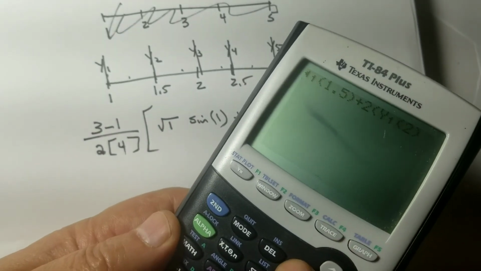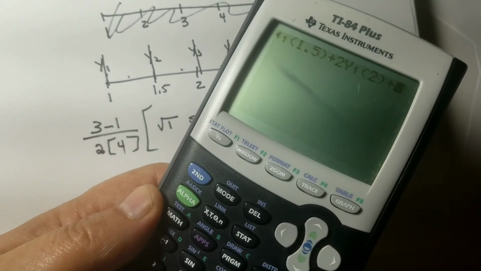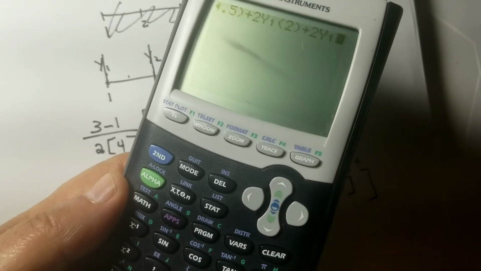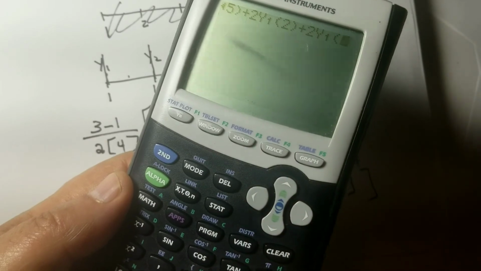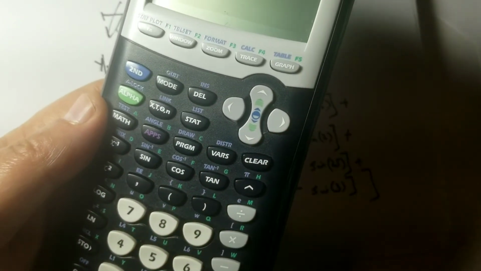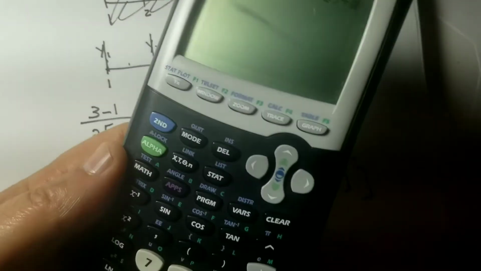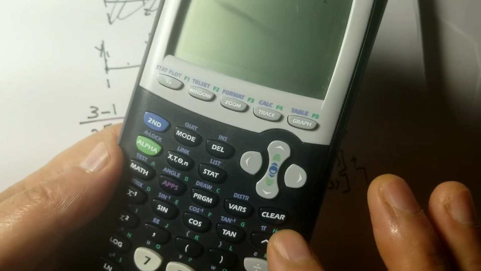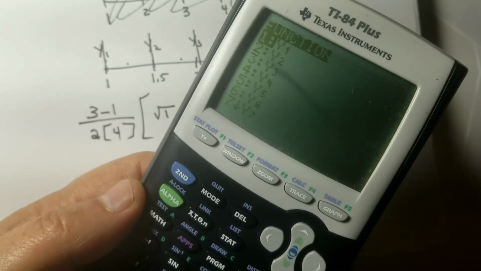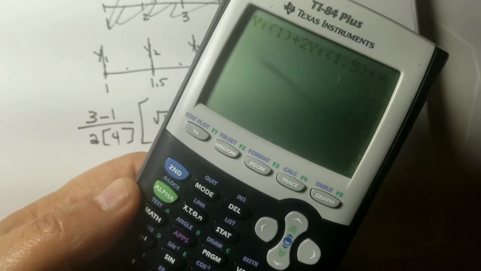And in here I have an extra parenthesis. I'm going to delete it. And plus 2, y1. But this time I'm not going to put 2. I'm going to put 2.5. Plus, next is 3. I need one of them. 1, variables, function, y1 and a 3. Press enter.